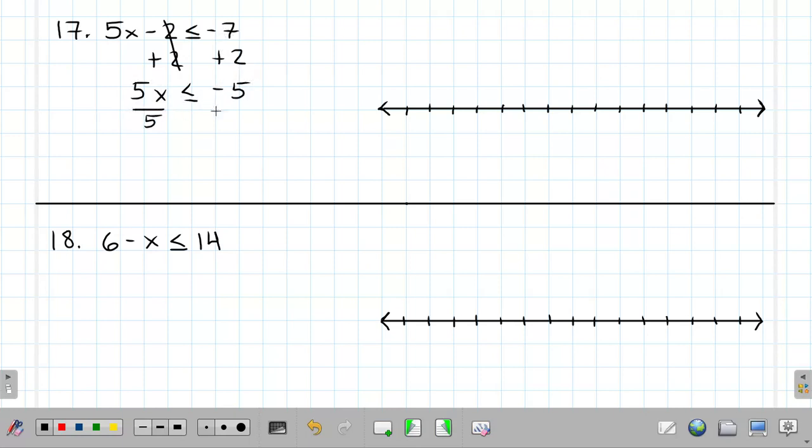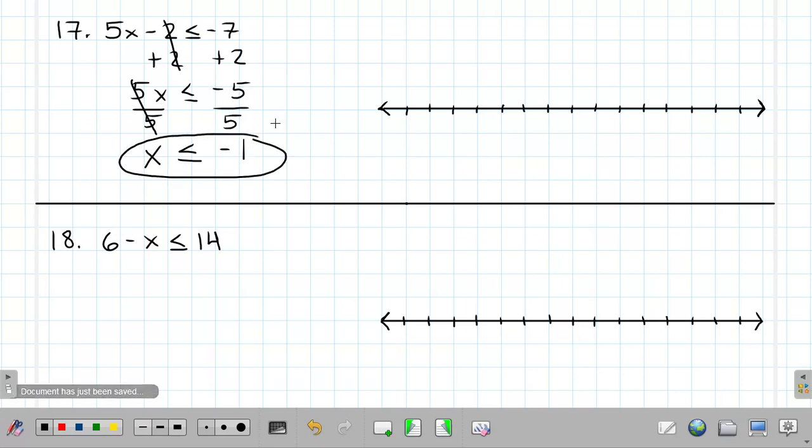Divide by 5. Divide by 5. That's a positive 5. So we're going to get x is less than or equal to negative 1. Negative over a positive is a negative. 5 over 5 is 1. Our answer is x is less than or equal to negative 1.